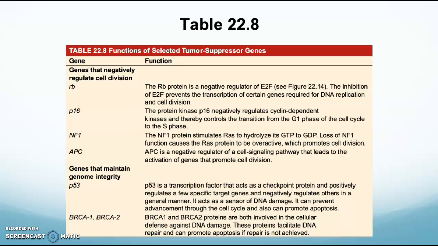So just a quick table to kind of give you some of the different ways that these tumor suppressor genes can work. So RB falls into those ones that negatively regulate cell division. So they basically stop cells from over dividing. And then we have the other group that is the genes that maintain genome integrity. P53 is the one I talked about, but probably most of you have heard of BRCA1 and BRCA2.